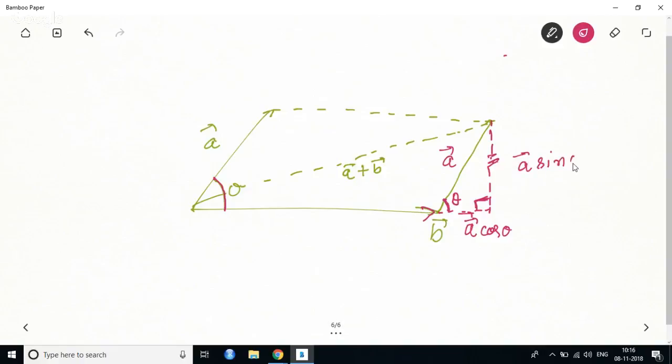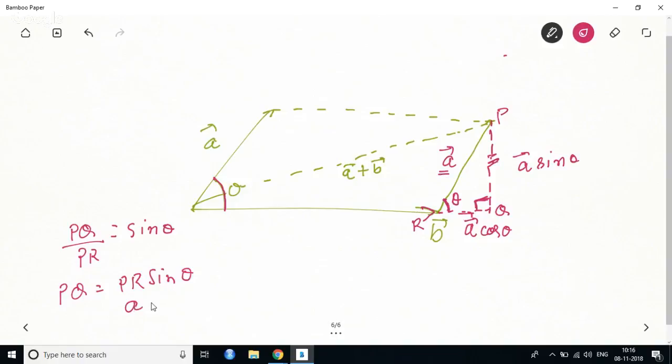Are you guys understanding it? Suppose this is P, this is Q, this is R. So PQ by PR is equal to sin theta, so PQ is equal to PR sin theta. PR is the A vector, so this is A sin theta. That's why I have written PQ is equal to A sin theta. Now what is QR?